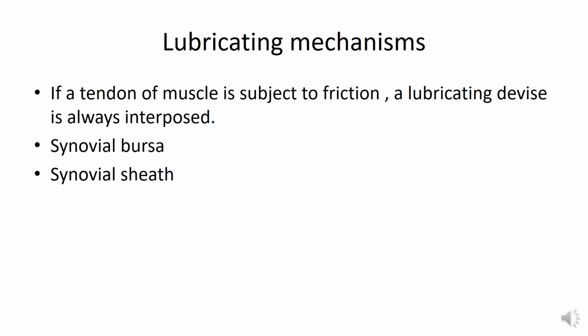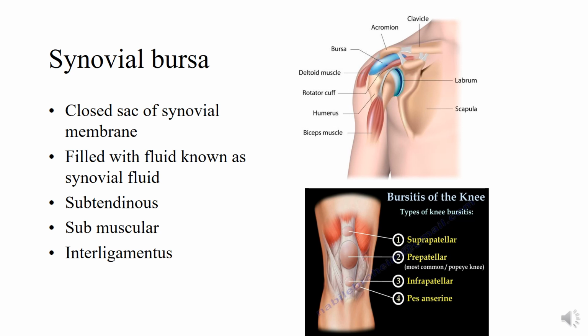Lubricating mechanisms. Now, if the tendon of a muscle is subjected to friction, a lubricating device is always interposed, which may be a synovial bursa or a synovial sheath. These devices diminish friction and allow free movement. Now, synovial bursa is a closed sac of synovial membrane.